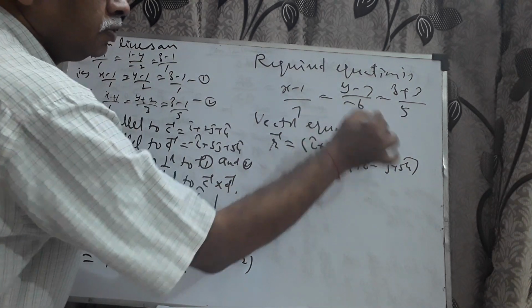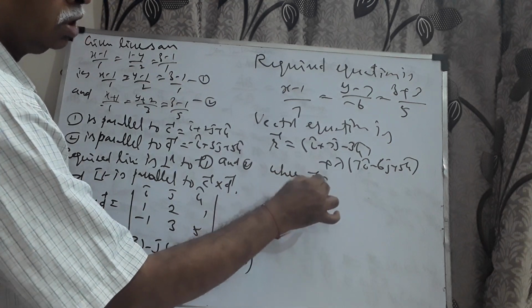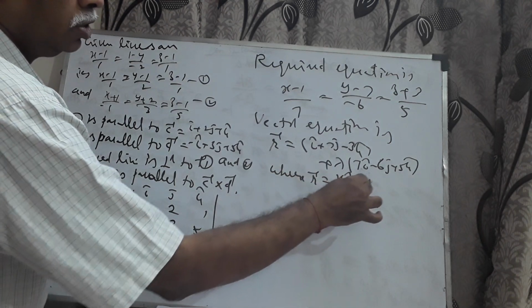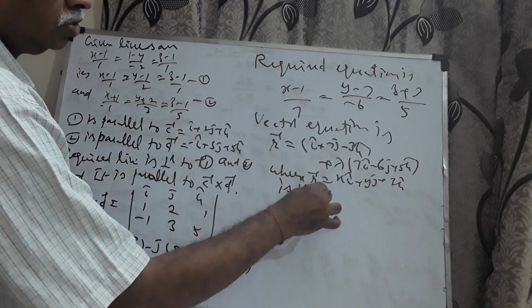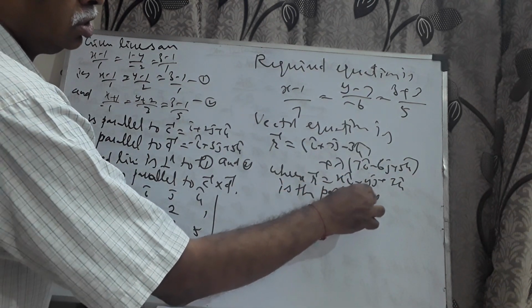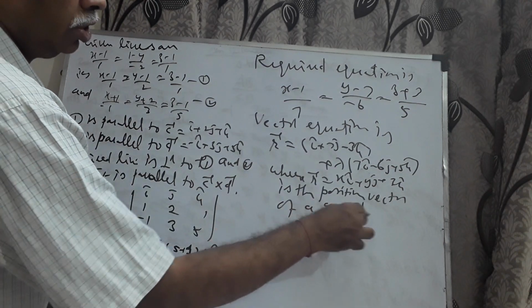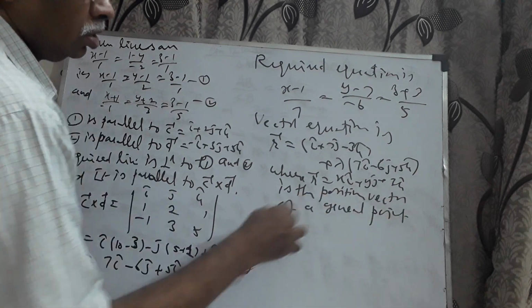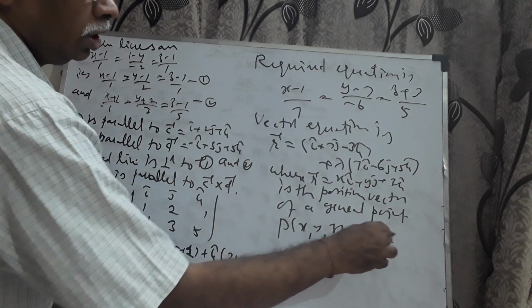This is anyway minus 6, where r vector equal to xi plus yj plus zk is the position vector of a general point P(x, y, z) in the line.